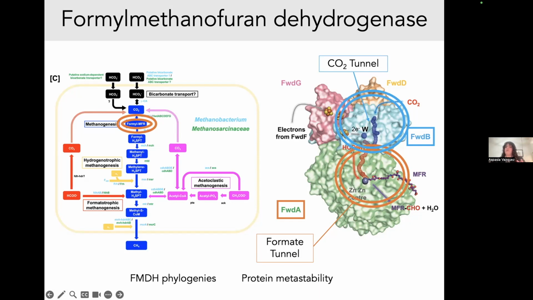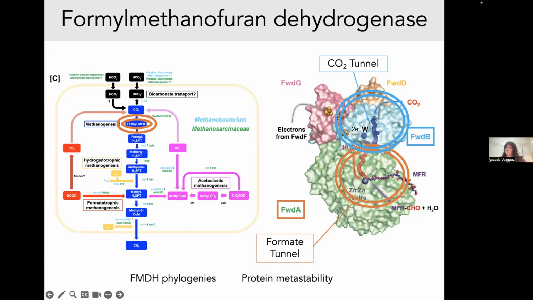But I would like to focus on this enzyme that does this. And as you can see to the left, this is a 3D crystal structure of FMDH, or formylmethanofuran dehydrogenase. Something very specific that I would like to point out and also focus on in my study is that there are multiple subunits present in this enzyme, and that the blue region is the FwdB subunit, which houses a CO2 tunnel, which allows it to take in CO2.